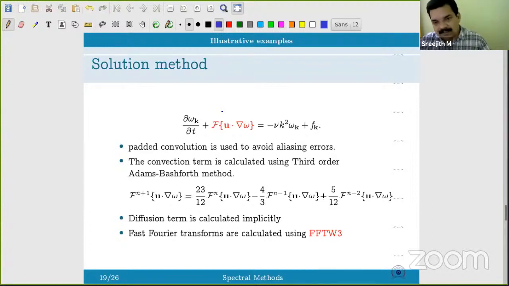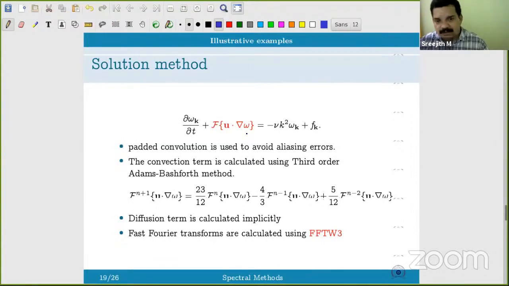One of them is FFTW3. You can use that package. It is a highly parallelized package, and you can use it for parallel computation also. It is the Fastest Fourier Transform in the West, and it is available free on the net.